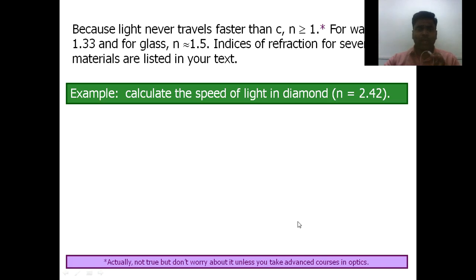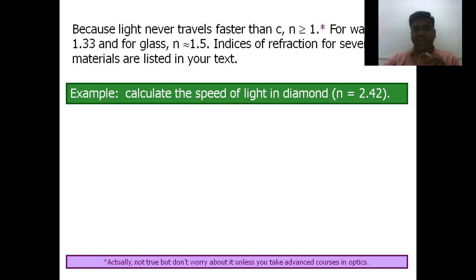Here is an example to calculate the speed of light in diamond. I already told you that n is the refractive index. For diamond, n is 2.42. The refractive index of water is 1.33, glass is approximately 1.5, and in a vacuum or air, n equals 1.